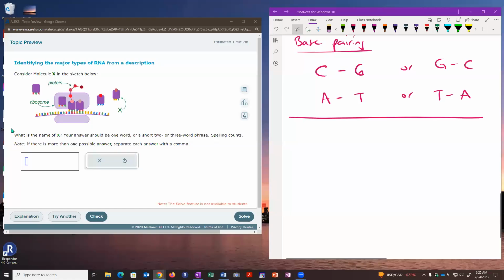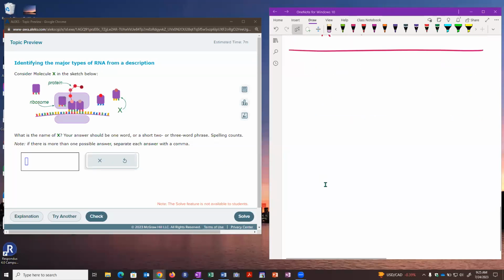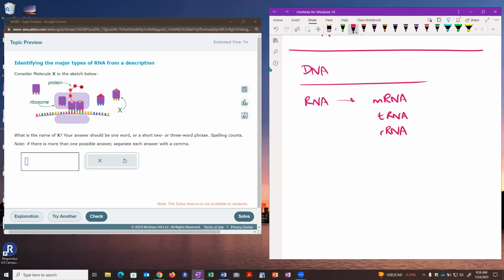All right, so in this particular section, we're looking at nucleic acids generally, and you'll see DNA, you'll see RNA as well. And in RNA, there are actually a couple different types. There are 3 types of RNA. You have messenger RNA or mRNA, you have transfer RNA or tRNA, and then you have ribosomal RNA or rRNA, and they are found in different locations and do different things in the cell.